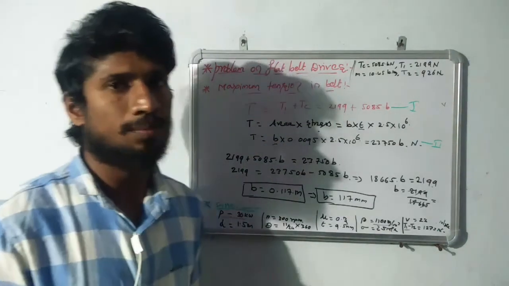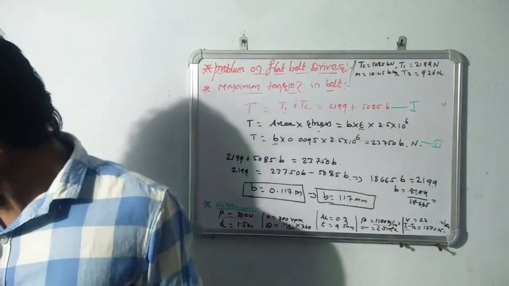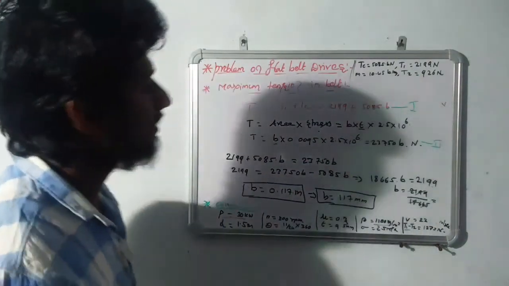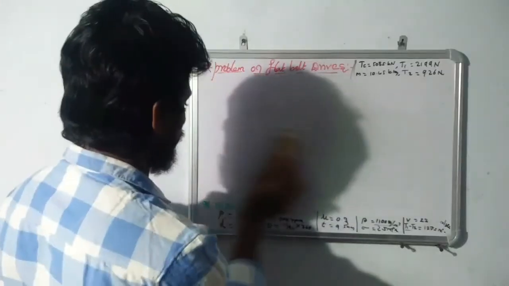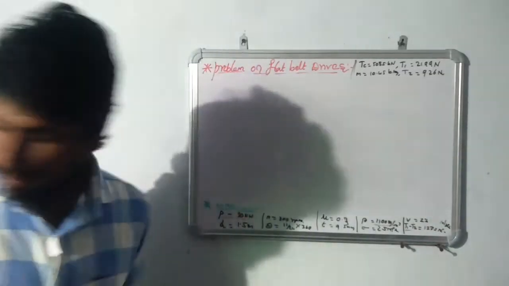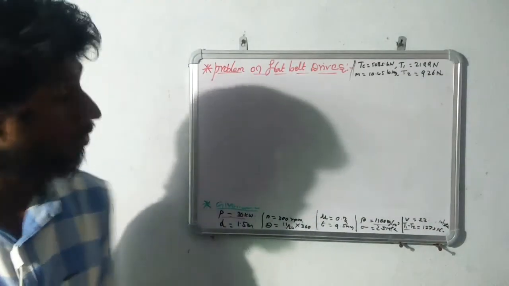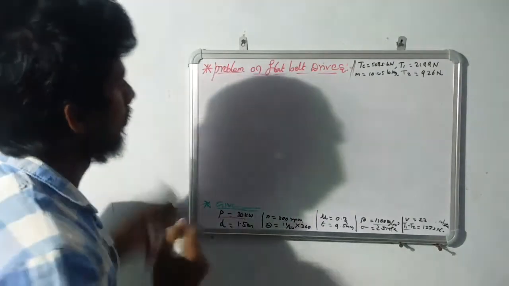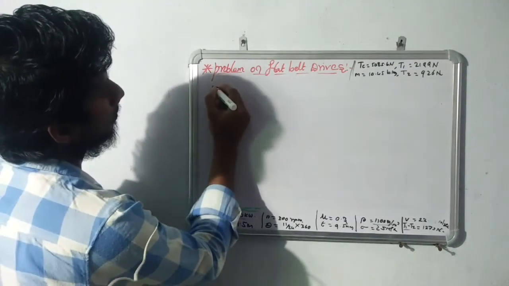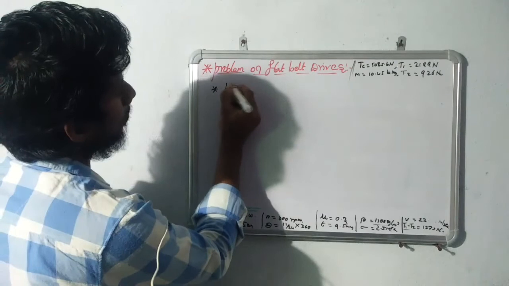Go to the next step, that is the design power of the belt. It is the final step here, design power.